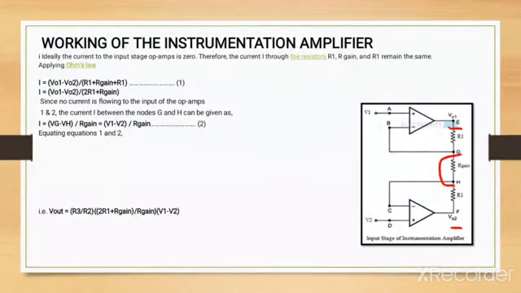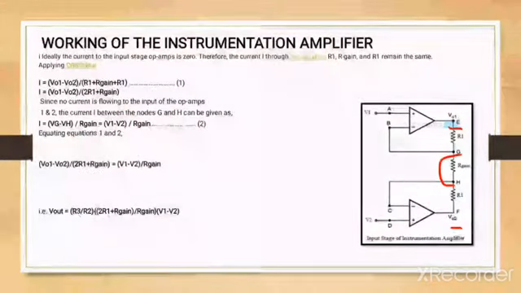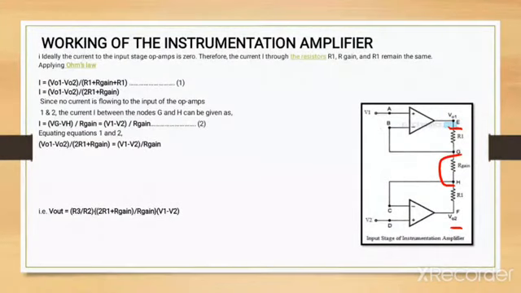Now you can equate equations 1 and 2, because the current is common. On equating you get V naught 1 minus V naught 2 divided by 2R1 plus R gain, equal to V1 minus V2 divided by R gain.